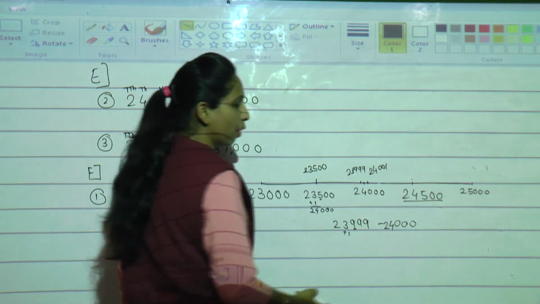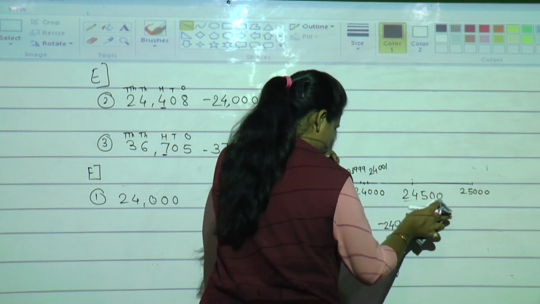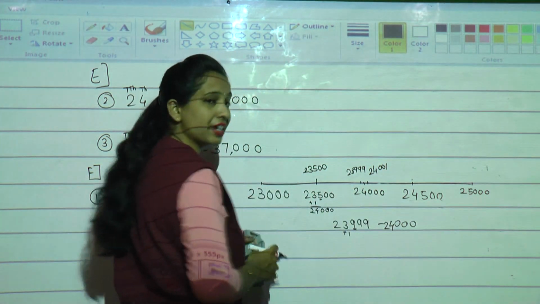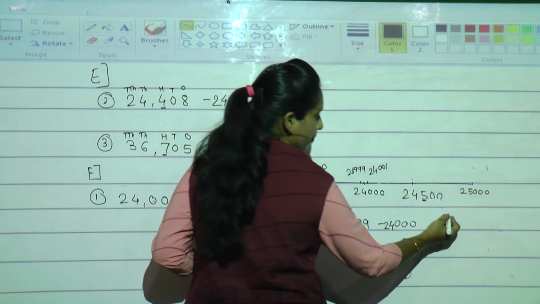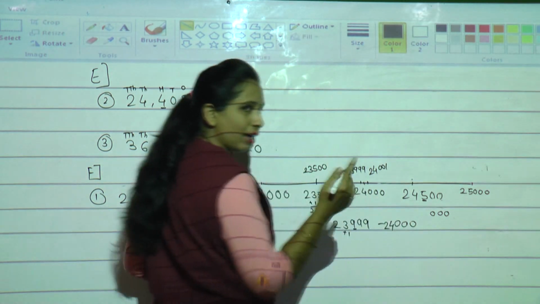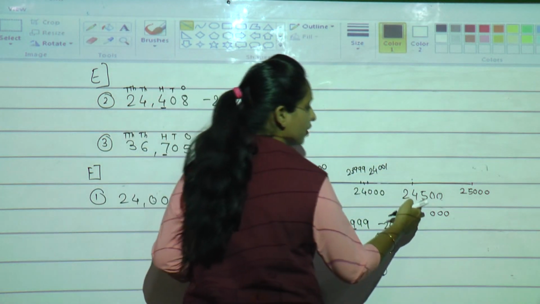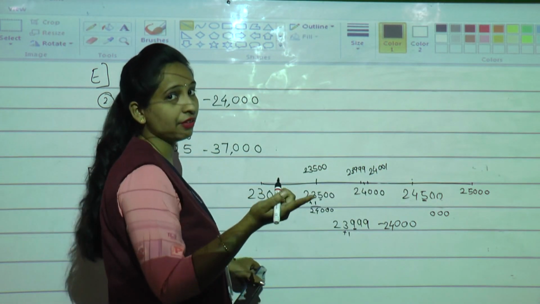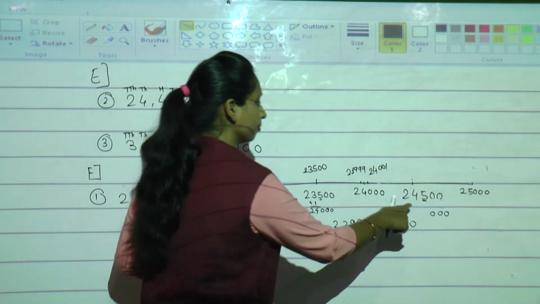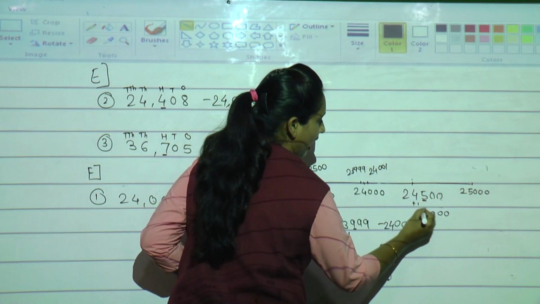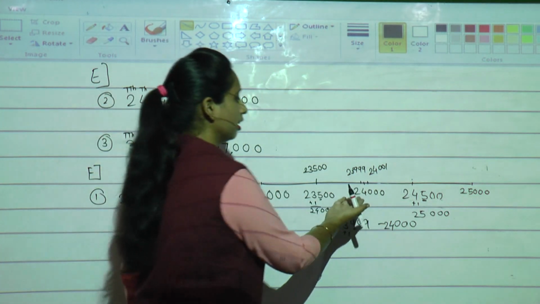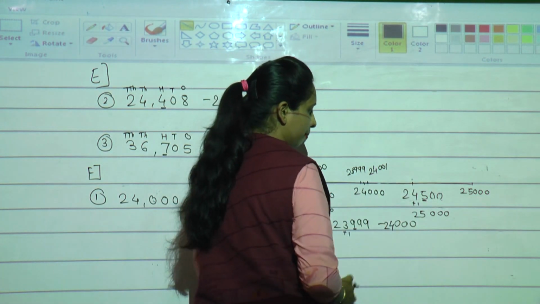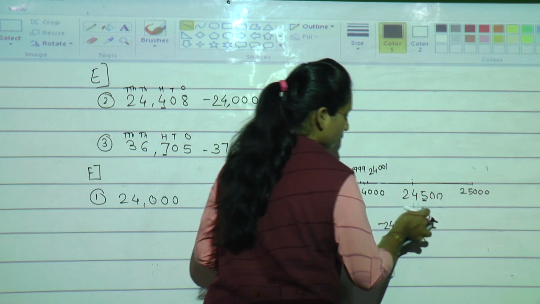Suppose you want to take 24,500 for rounding off to 24,000. Let us see. Underline the hundreds place. Place zeros at the ones, tens and hundreds places. If it is 5 or more, what do we have to do? Add 1 to the thousands place. If I add 1, we get 25. So it is going to 25,000. So we cannot take this number. So what will we do?